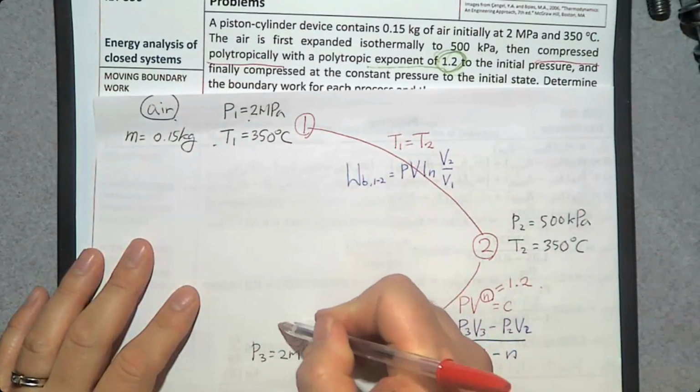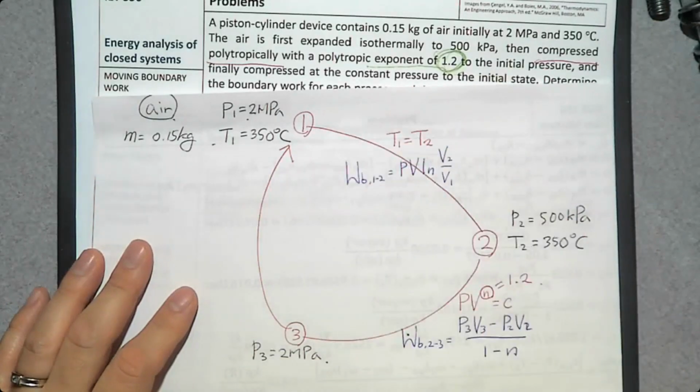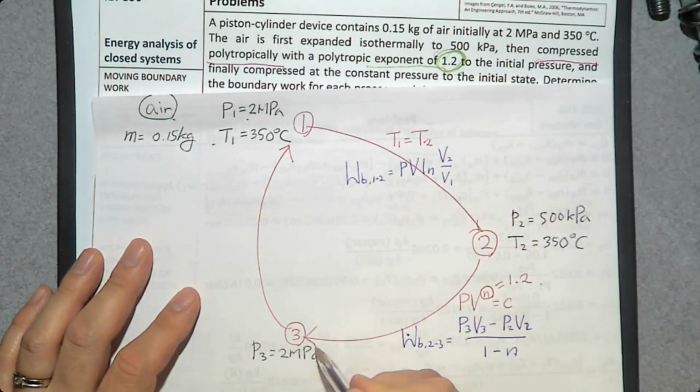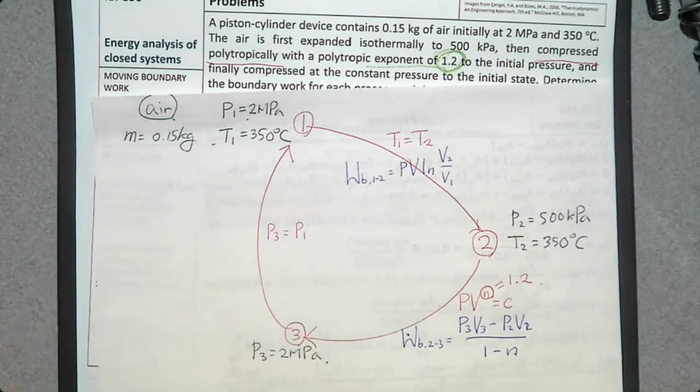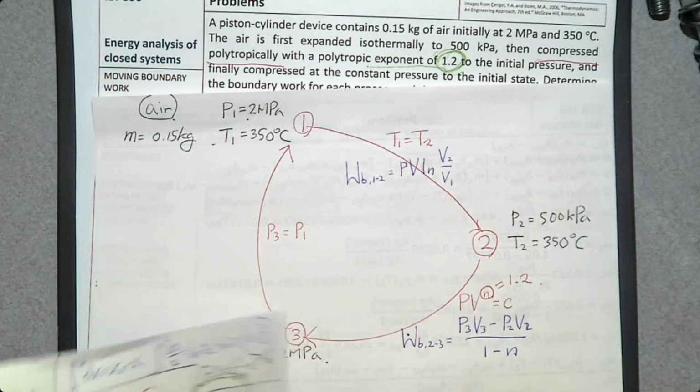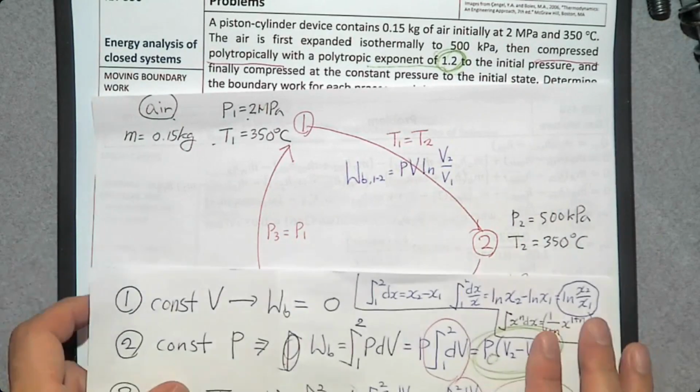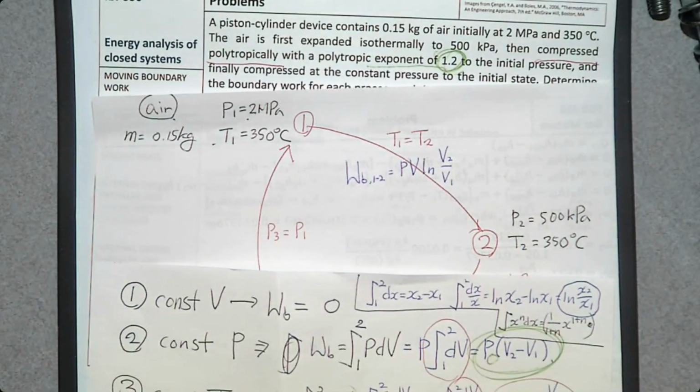P3 is the same as P1, constant pressure. When you have a constant pressure process, what is the moving boundary work? Right here, for constant pressure, moving boundary work is P times V2 minus V1. But that one is a moving boundary work between 1 and 2. This time it is between 3 and 1, so it is P times V1 minus V3.